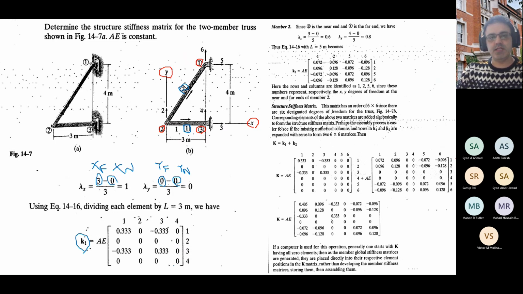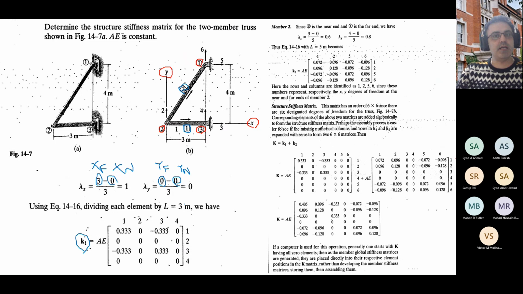In that case, every joint has 3 degrees of freedom, 2 translational and 1 rotational. But for now, for truss structures, we don't have any rotational deformation. For each point, we only have delta x and delta y. Each node can deform in the x direction or in the y direction. So when we have a truss like this, for this stage, just forget about the supports. We will take the supports into consideration later.